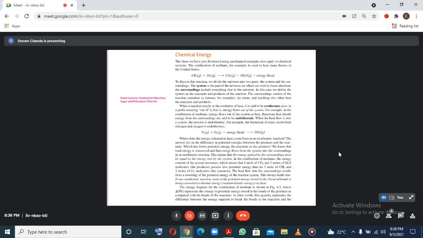This means that the energy gained by the surroundings must be equal to the energy lost by the system. This is very, very important. So in any exothermic reaction, some of the potential energy stored in the chemical bonds is converted to thermal energy, random kinetic energy, via heat.